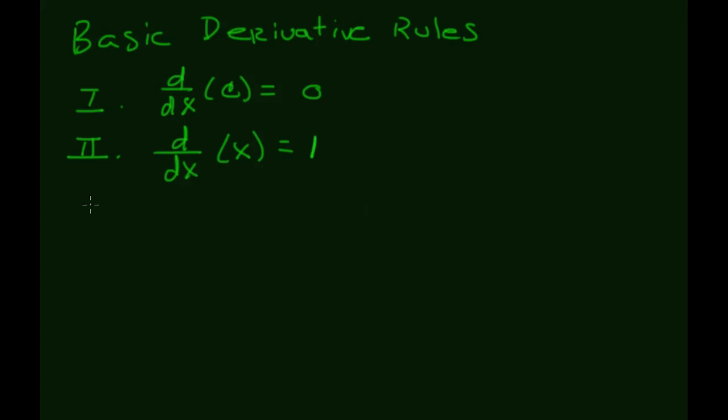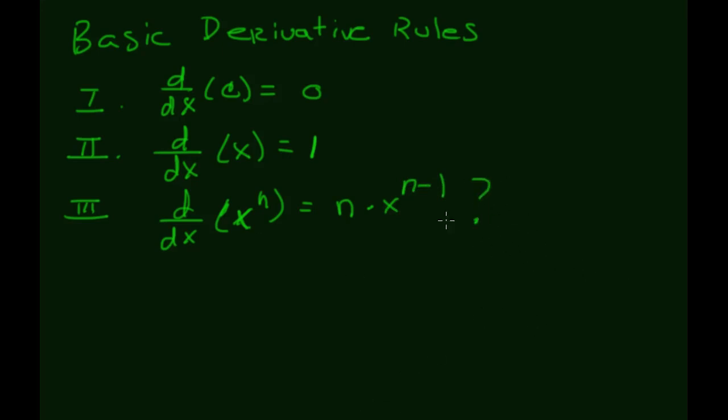That's pretty straightforward. Number 3 is what we're going to call the power rule. I take the derivative of x to the n, so x is a variable, n is a constant. If I take that derivative, I bring the n out front, and then I drop the power by 1.